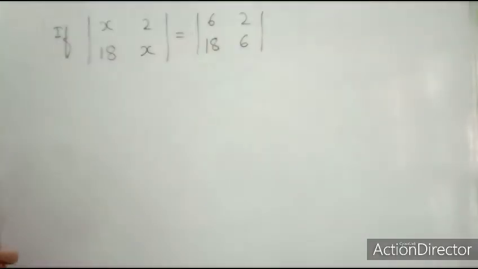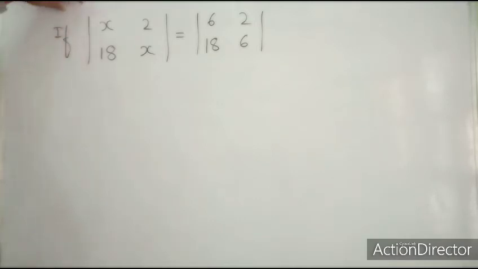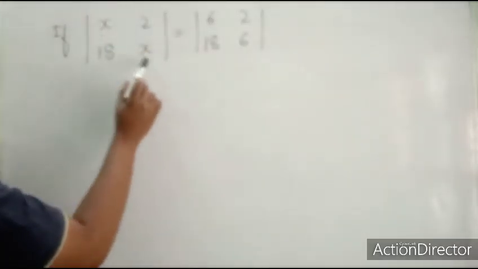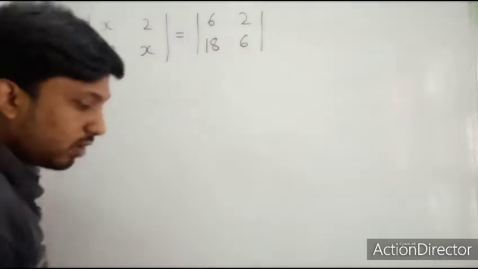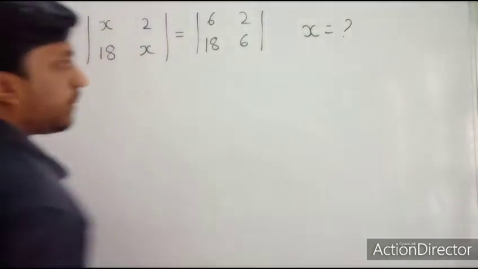So this is the one mark question in model paper 1 of Karnataka State PU board. They are telling that this determinant is equal to this determinant, where we have x, 2, 18, x and 6, 2, 18, 6. We need to find the value of x.